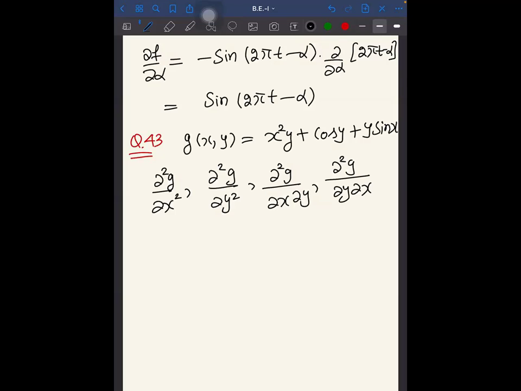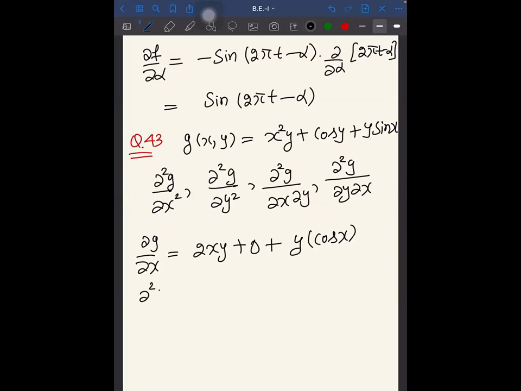Okay. So let's start with ∂g/∂x. So y is constant, so 2xy. Since your cos y is again constant, so 0. So that is your y cos x. Your y is in the product of the function of x, so it will be retained.